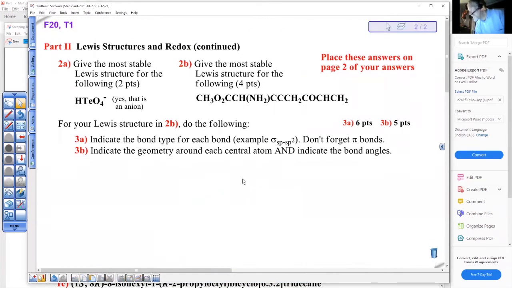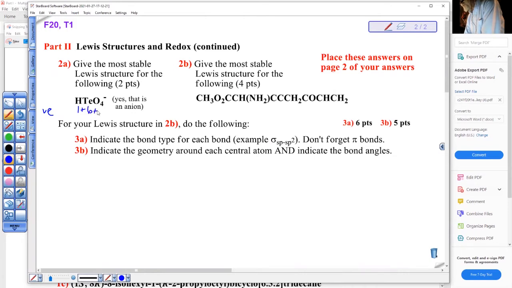Okay, so we're going to do this one: hydrogen tellurate, but you don't need to know the name. It's an anion, so we have to count up valence electrons first. Hydrogen, group 1. Tellurium is under selenium, under sulfur, under oxygen, group 6.